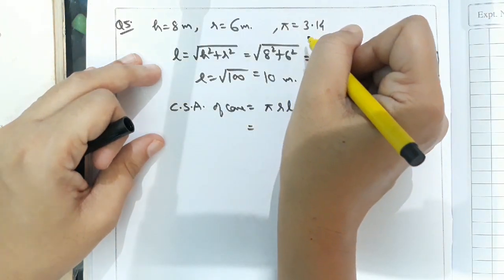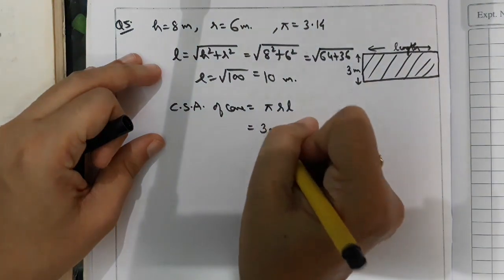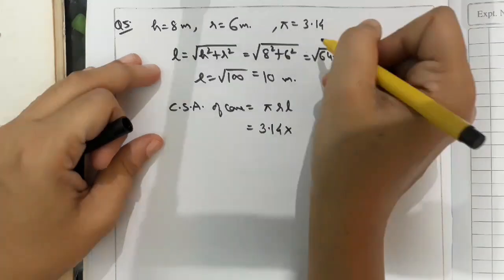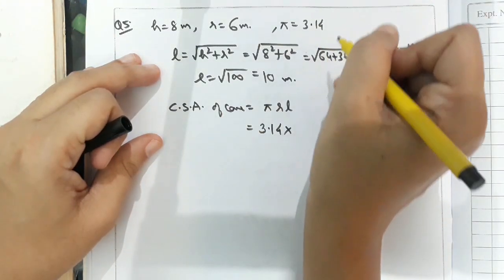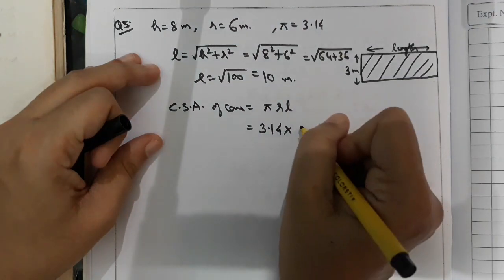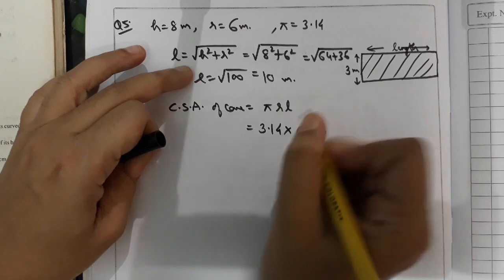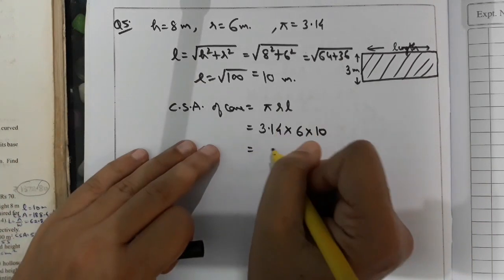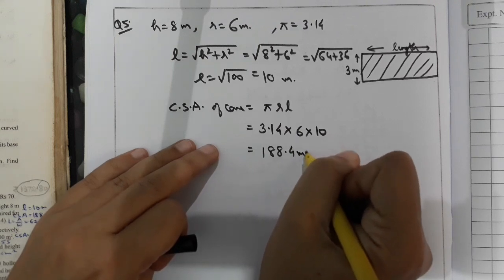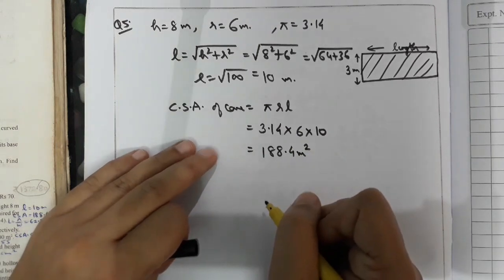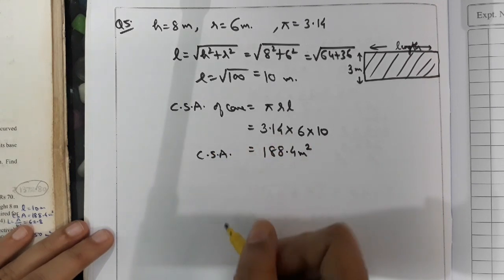Here pi is given to us as 3.14, so we will take this value only. If pi is not given to you, then you can take it as 22 by 7. So here it is 3.14 into r into L, which is 10 meters. When we simplify this, the curved surface area comes out to be 188.4 meters square. This is the curved surface area of the cone.